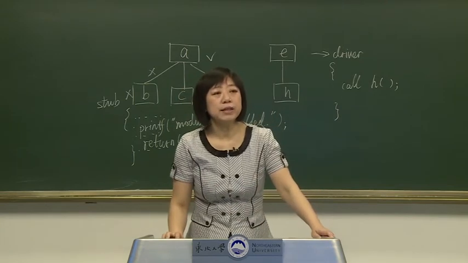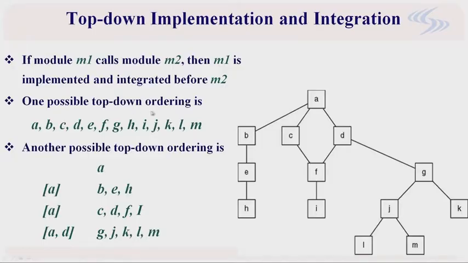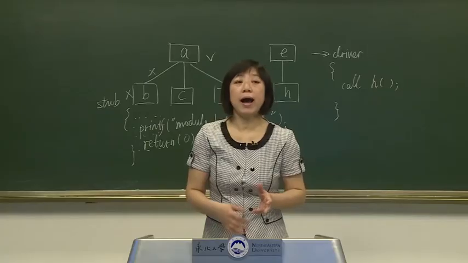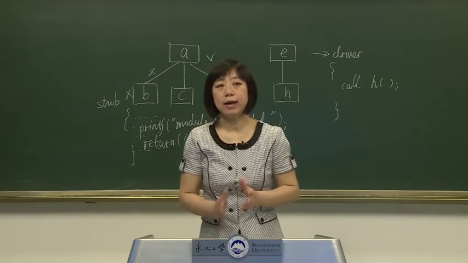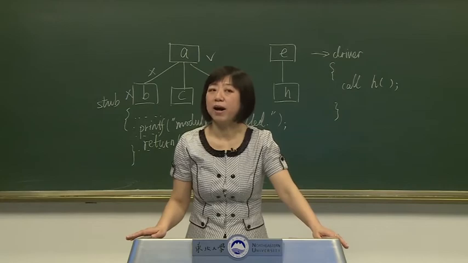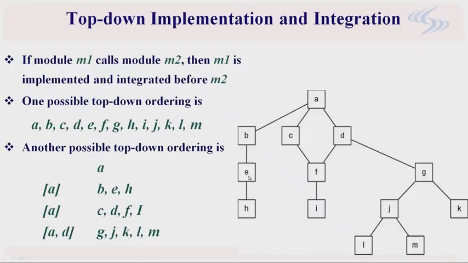So for this example, one possible top-down ordering will be module A first, then modules B, C, and D. After B, C, and D are implemented, integrated, and tested, and proved to be fine, we try to implement and integrate modules E, F, G, H, I, J, K, and the last L and M. This is one possible top-down ordering.